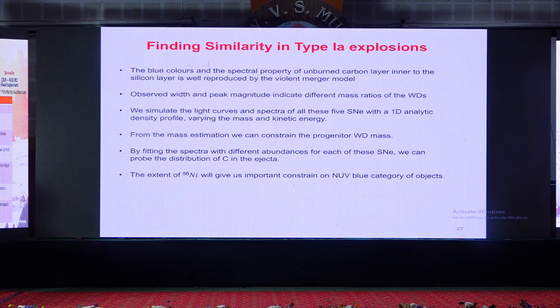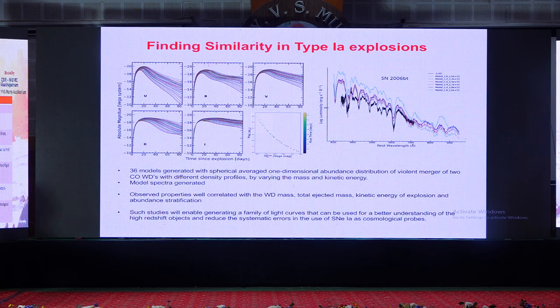And the idea is to constrain the progenitor masses, the total mass of the two white dwarfs. And also get the differences in the abundances for each of these supernovae, and probe the distribution of carbon in the ejecta. So about 36 model light curves have been generated with spherical averaged one-dimensional abundance distribution under the violent merger model.